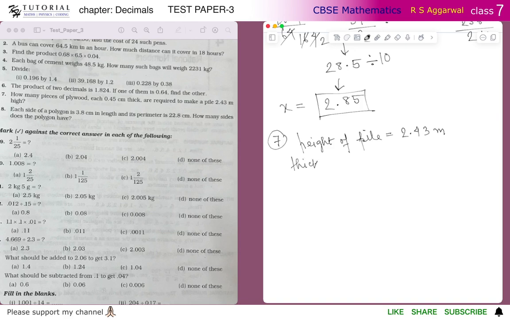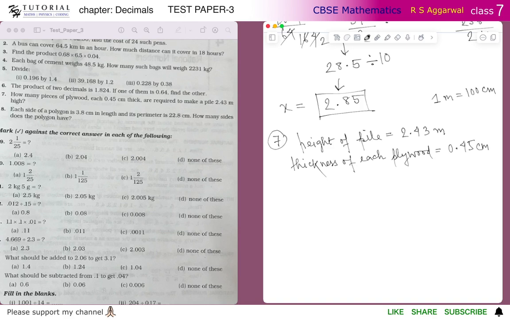and the thickness of each plywood is given as 0.45 centimeter, and you know that 1 meter is 100 centimeter.